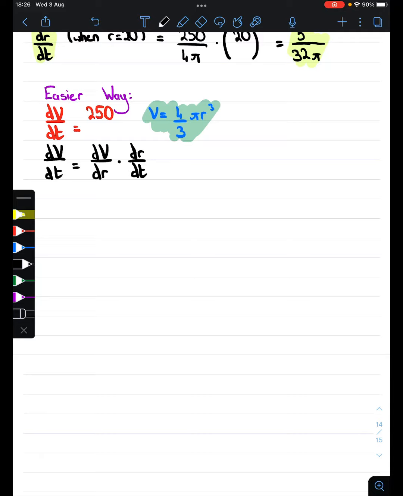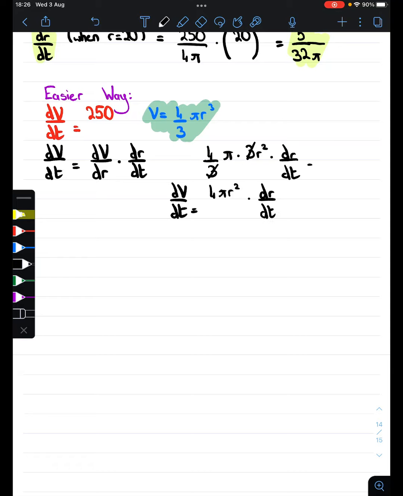So we'll get 4 over 3 pi times 3r squared times dr dt. And now these 3's will cancel, so we get that dv dt equals 4 pi r squared times dr dt.